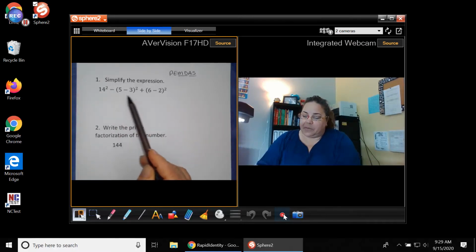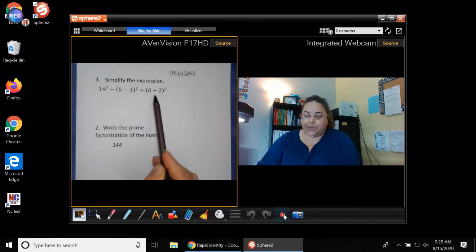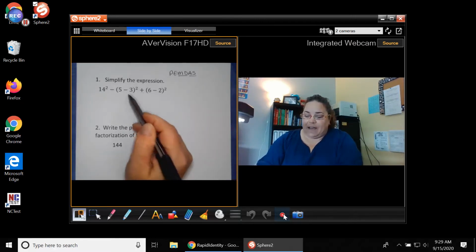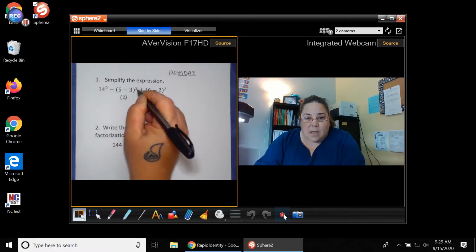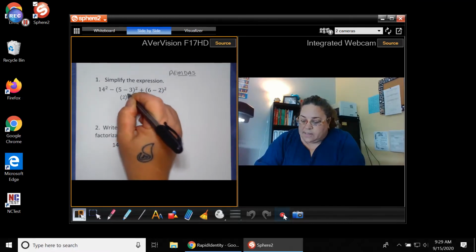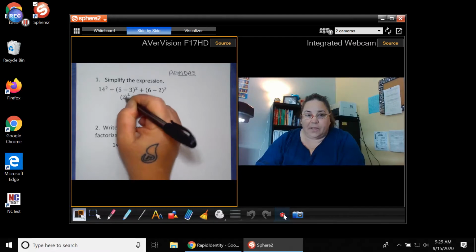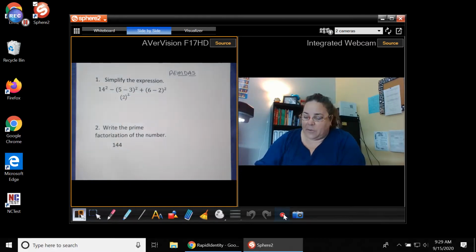Do we have any parentheses? We sure do. Right here I see I've got 5 minus 3. So 5 minus 3 inside the parenthesis is going to give me 2. And I have to remember that this exponent right here is still attached to what's in the parentheses. So I still need to work that out, okay?